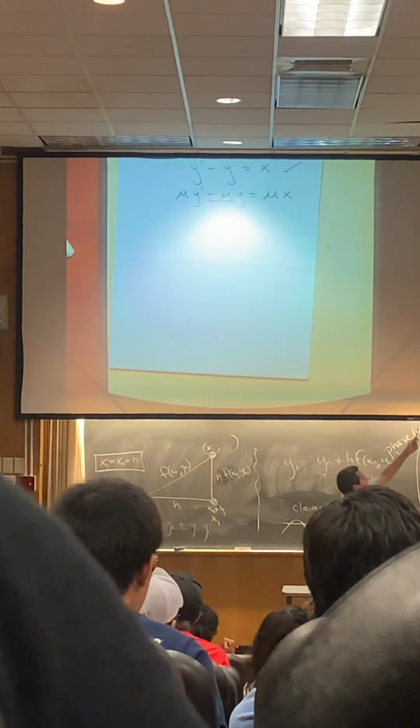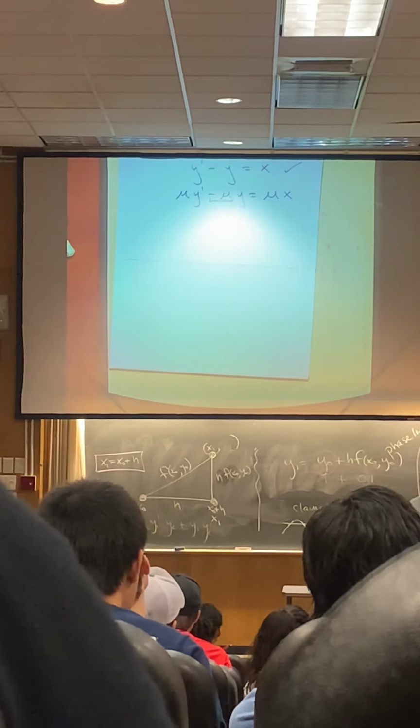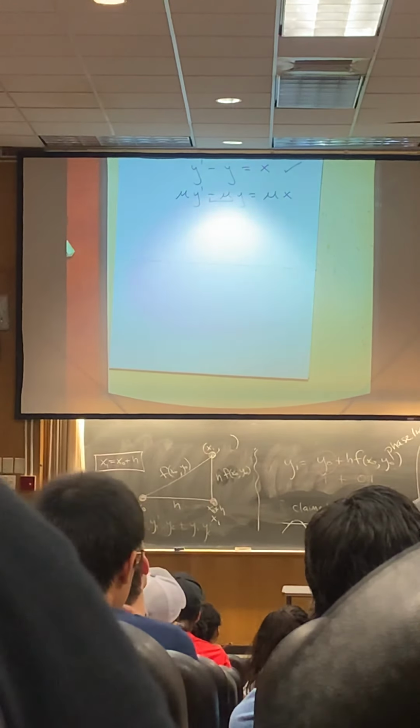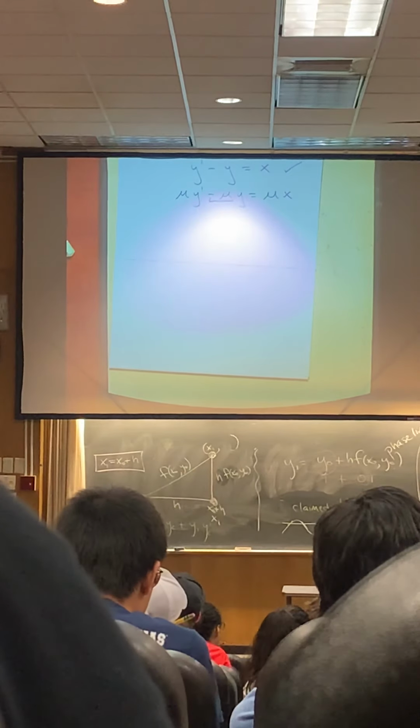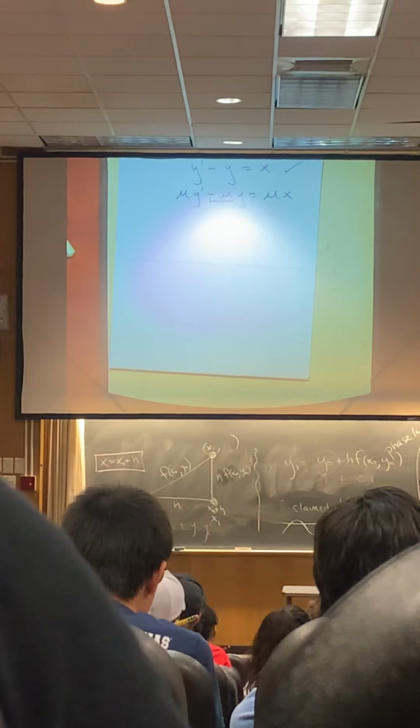Because I left the mu alone, I took the derivative of the y. Plus, now I want to take a derivative on mu. Now I better have mu prime. Can you see the recognition that I need to make?